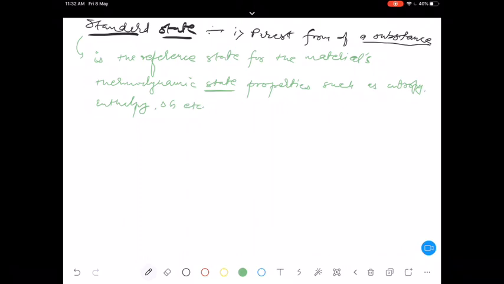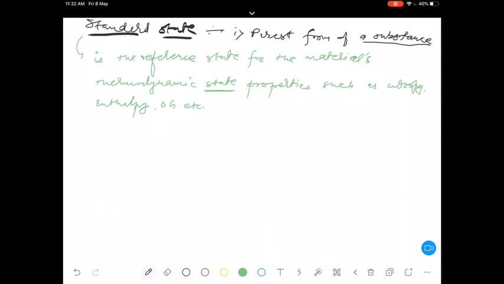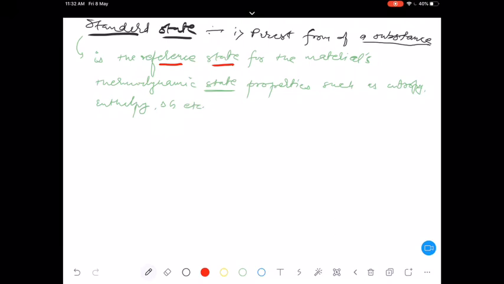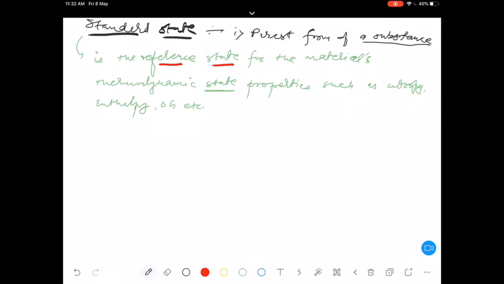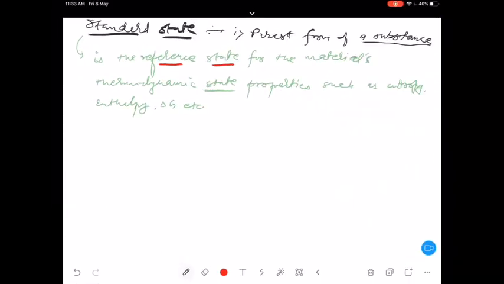Now like this we are defining that it is in the reference state, which will be basically the purest form of the substance. Now how are we going to define it? Again, the question comes here that this particular statement doesn't define the standard state properly, correct?